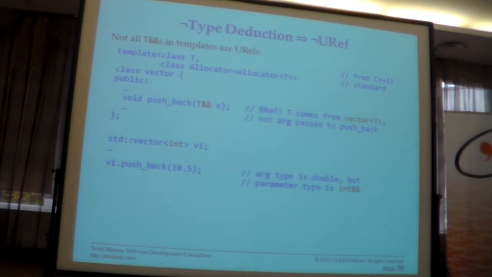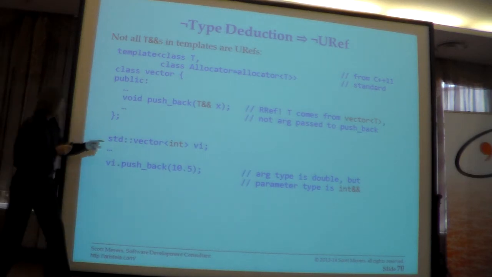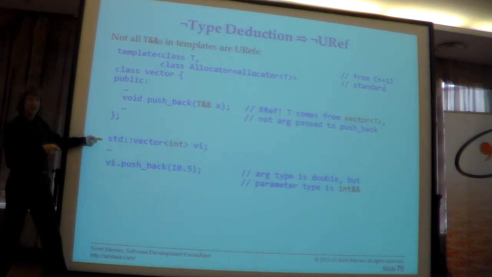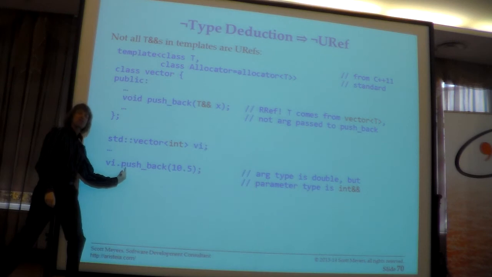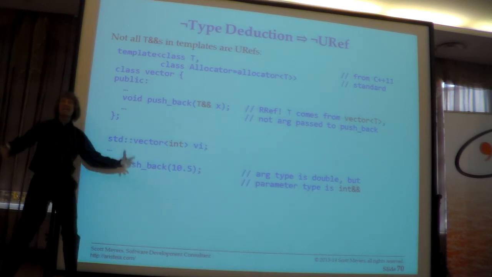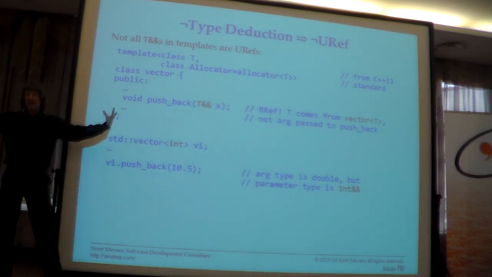Think about how the class would be used. If I say I have a vector of int vi, when I call vi.push_back, the member function push_back can't exist without a class, because it's a member function.